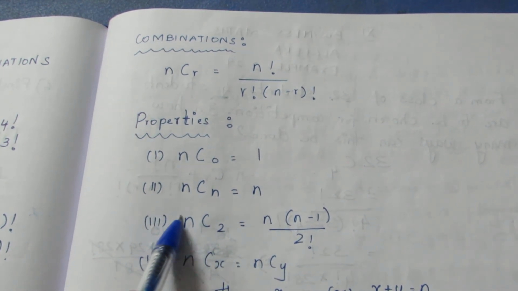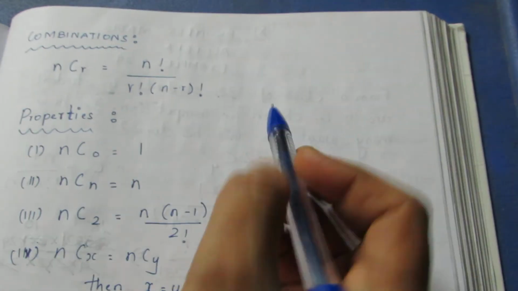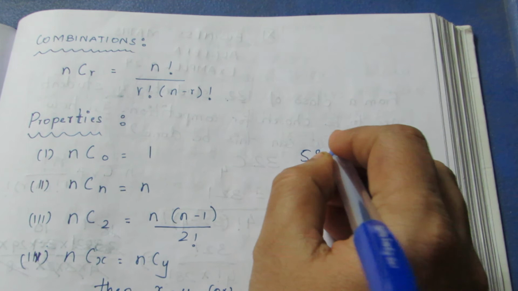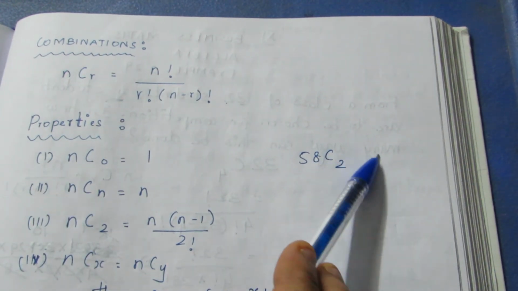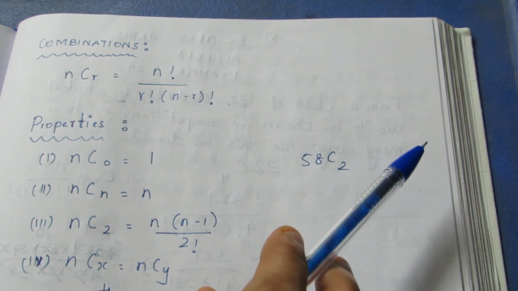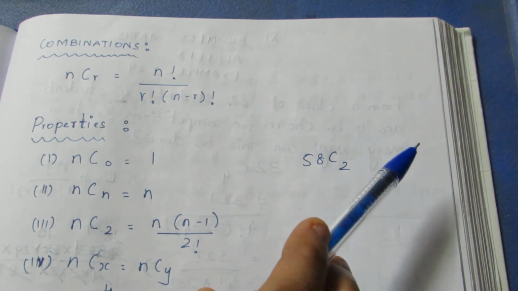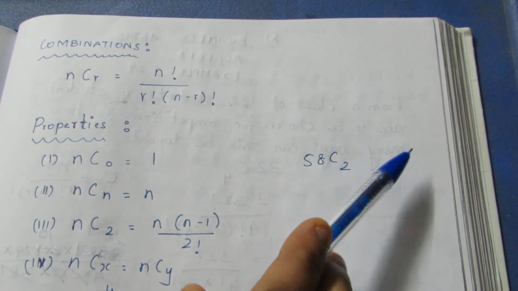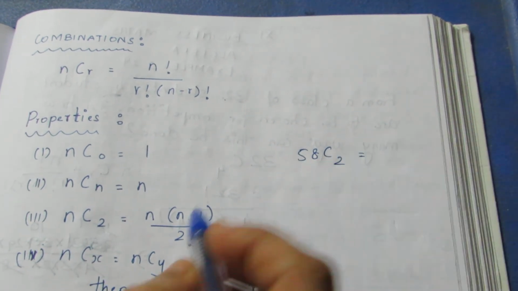So if it is 58C2, if I use the general formula, here it will be 58 factorial. To find 58 factorial is quite difficult, because 58 into 57 into 56, like that you need to go till 1. It's quite difficult. In that case you can use this formula.